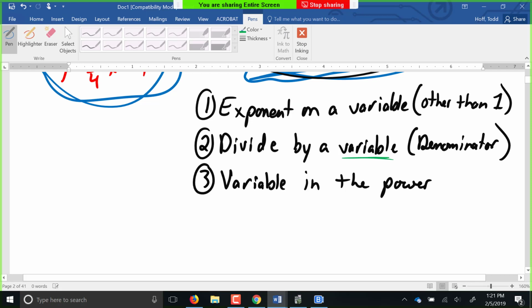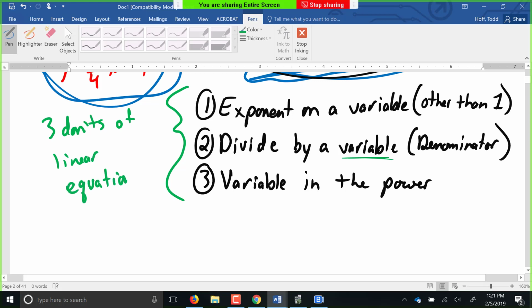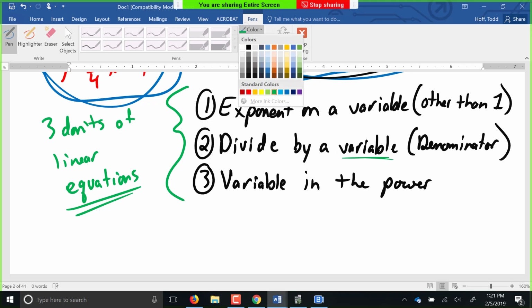That variable in the denominator, at some point we'll see that actually could be thought of as a power of -1. Dividing by something can be thought of as doing a negative power. These three things are what I refer to as the 3 don'ts of linear equations. Because they are the 3 things that linear equations don't have.